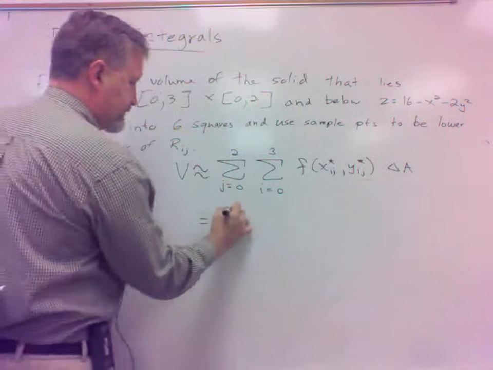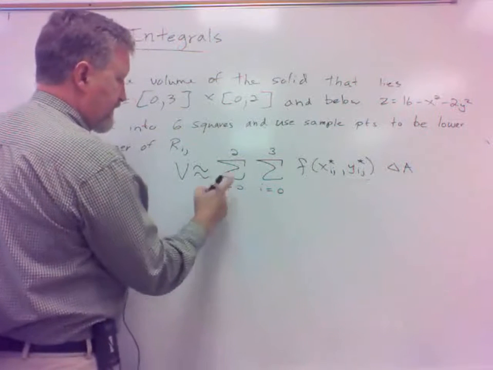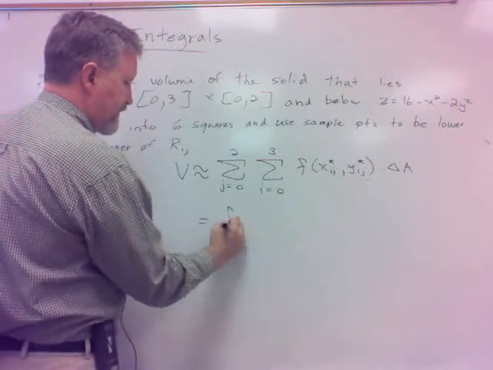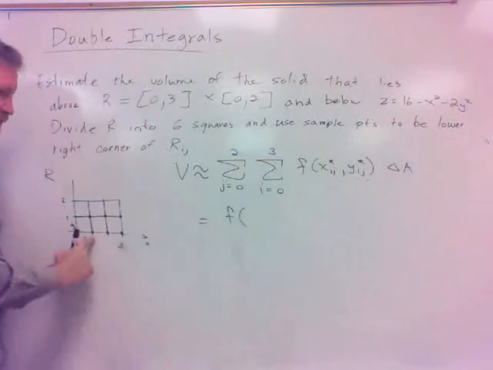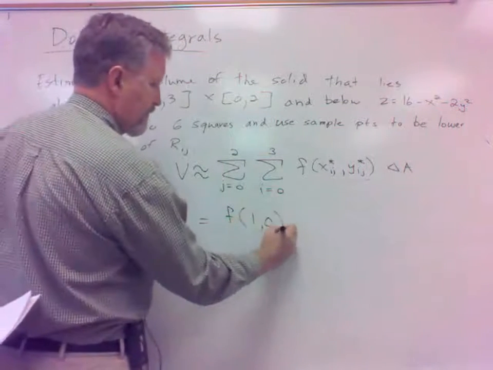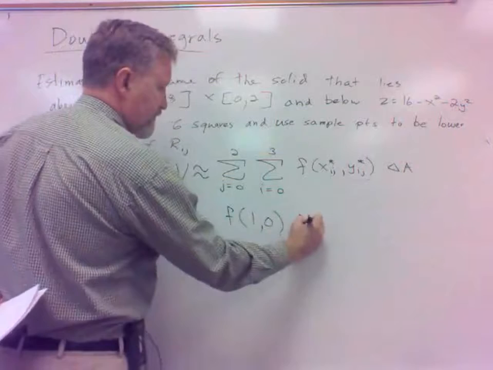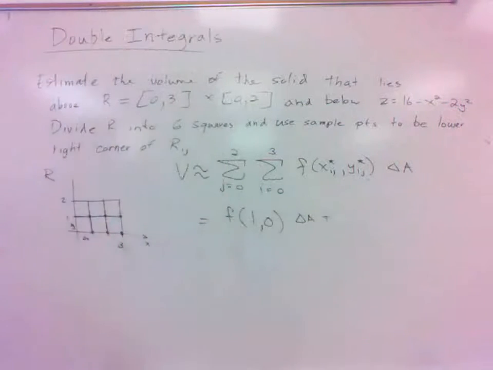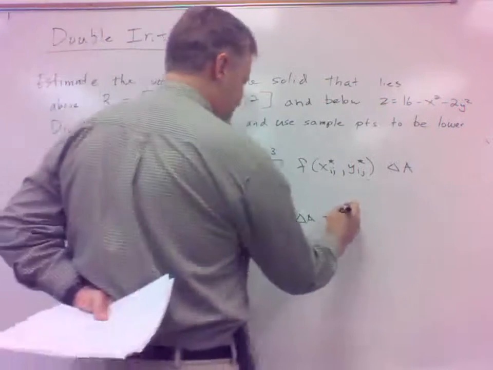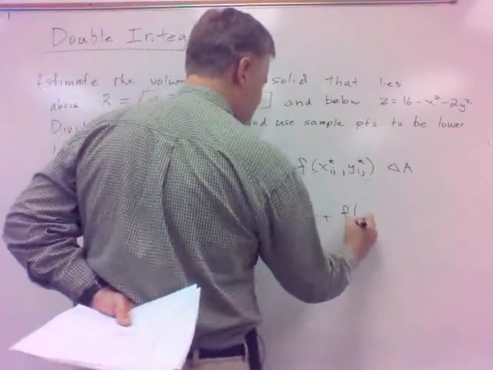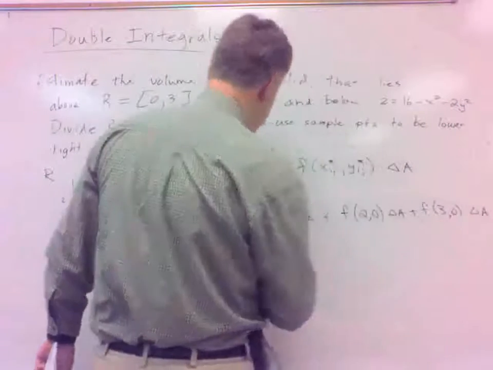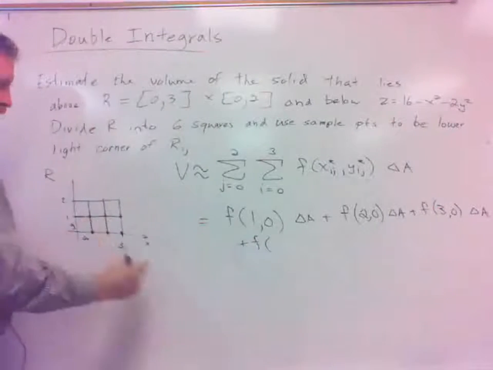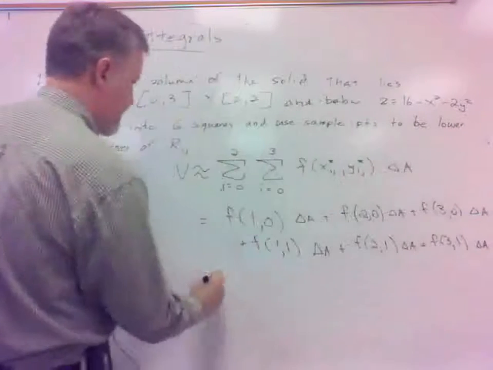Okay, so this double sum turns out to be f(1, 0) times delta A. You write it all out. Just so happens delta A in this case is always 1, so not necessary, but we'll put it in there because it won't always be 1. And f of, what's the other ones? (1, 1). Okay.